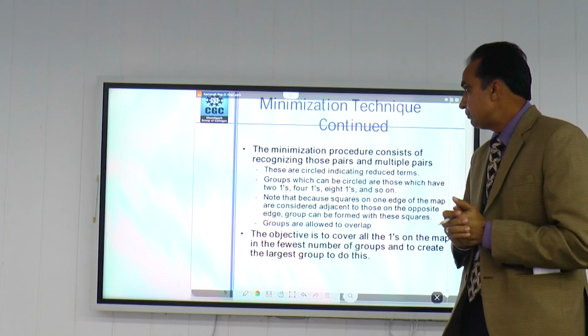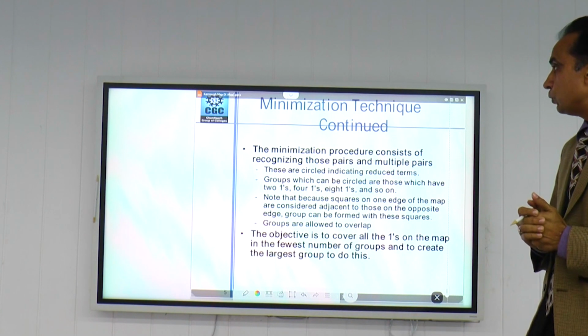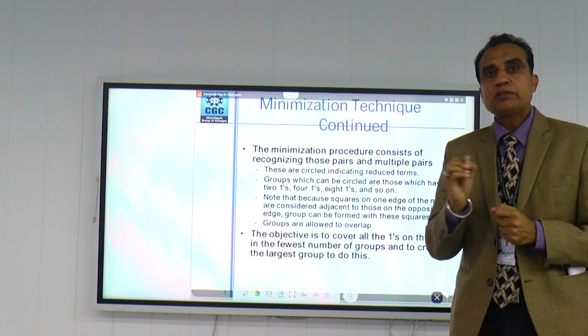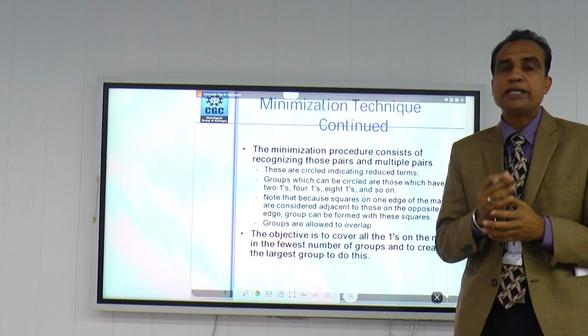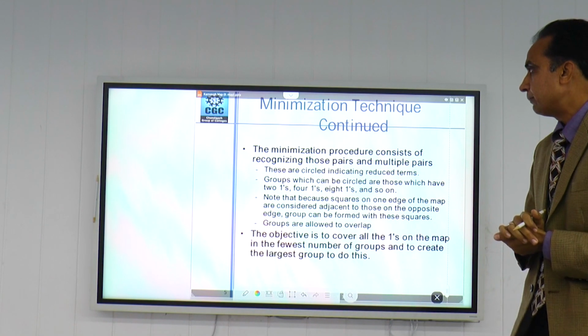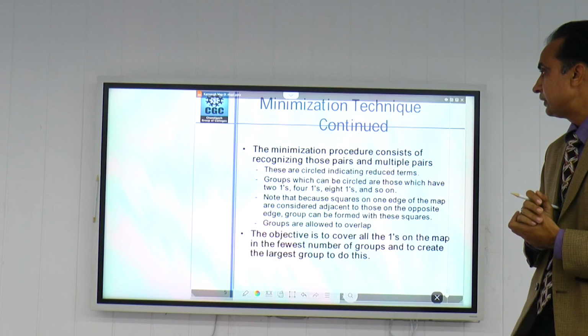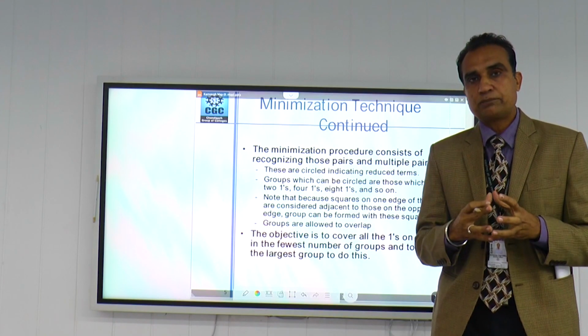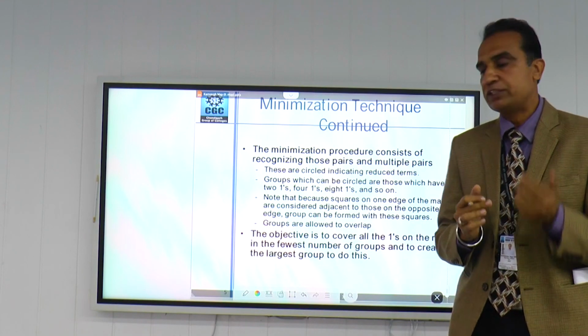The minimization procedure consists of recognizing those pairs and multiple pairs. After performing the grouping, we have to identify the groups that we have formed in the K-map. These circles indicate the reduced term. That group represents the reduced term, meaning the term after simplification.